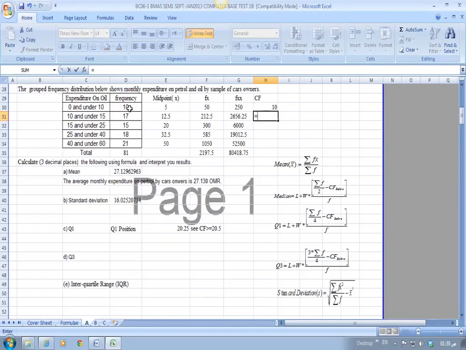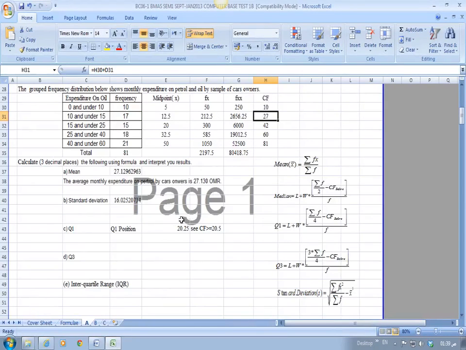The next one is equal to this 10 plus 17, and then press enter. After that, drag it down and it will calculate the rest for you, continuing like that. This is the cumulative frequency.